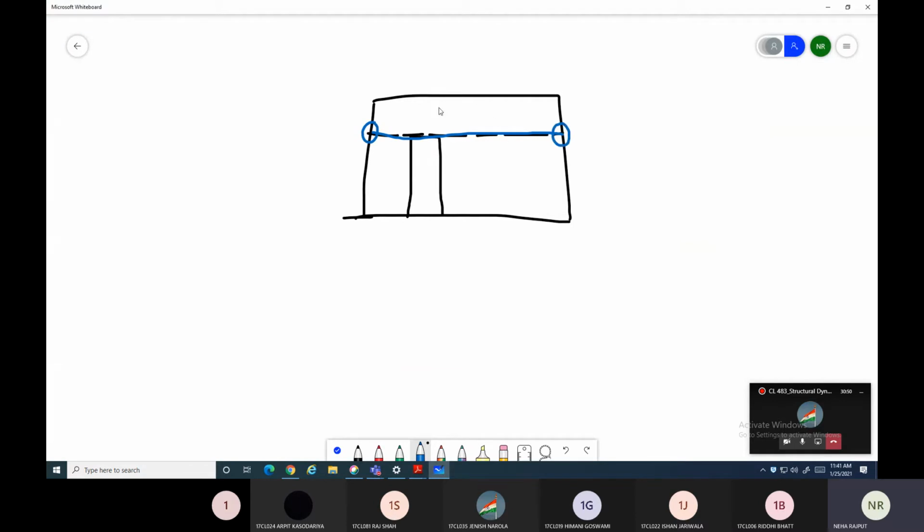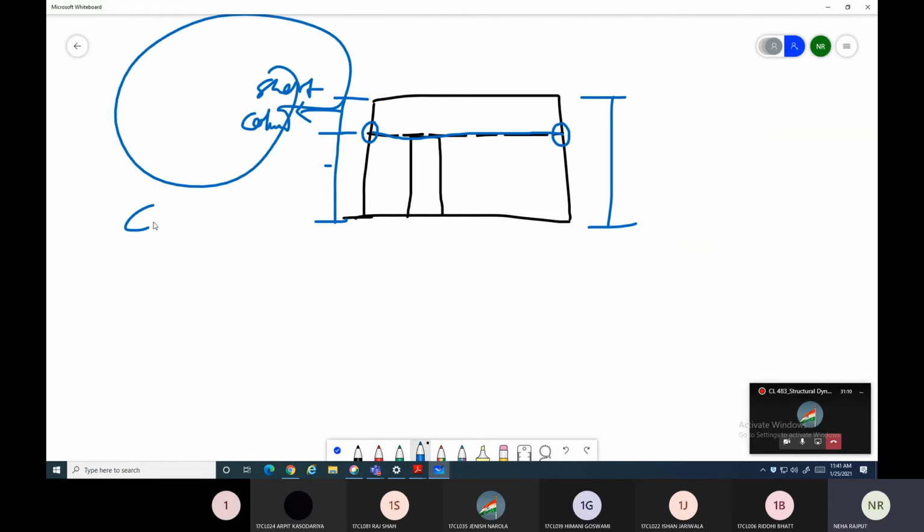Otherwise what will happen, the actual height of the column is this much, but if you integrate into that, then this column is divided into two parts, the first part and second part, and this part of the column will behave like a short column, and if the column is a short column, then that will easily fail in compression.